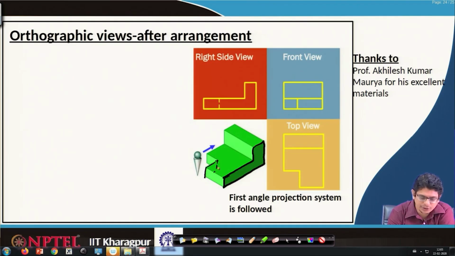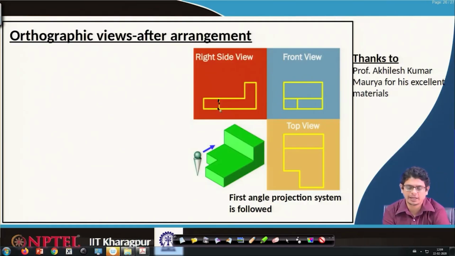So, usually we represent it by a dashed line in the picture. If it is a complete block, there is no line behind that, so to indicate that, we represent that cut by a dashed line.